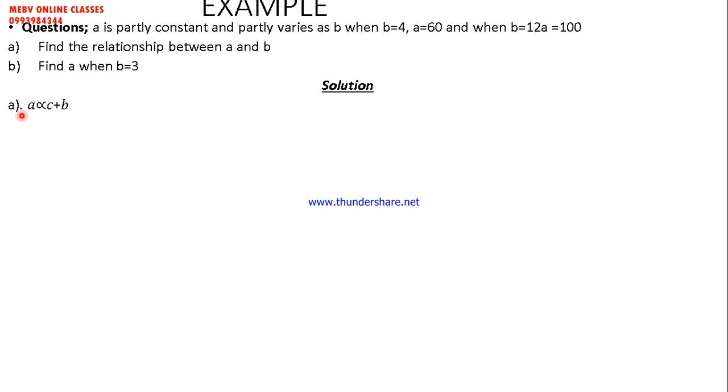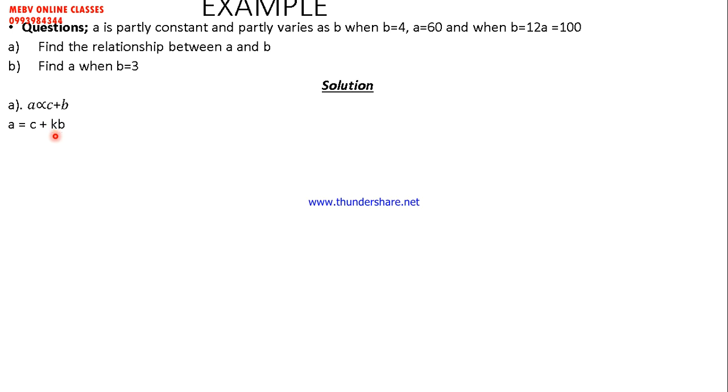That's why here we have this expression saying A varies directly as C, C is a constant that we have been given here, plus the part that varies as B. Then we are going to add B there. So introducing an equal sign here, we have A equal to C plus KB.